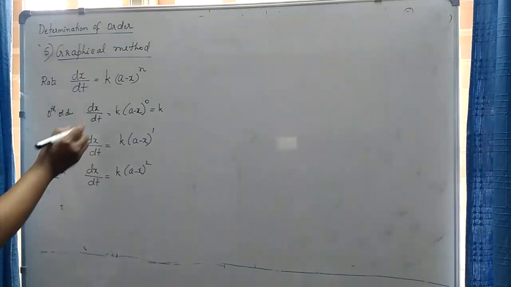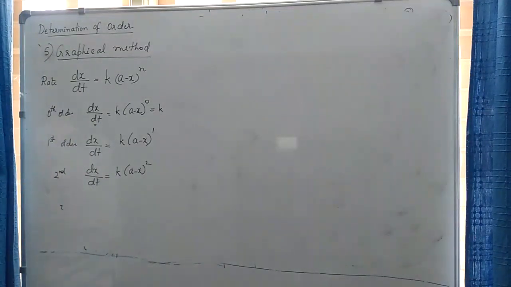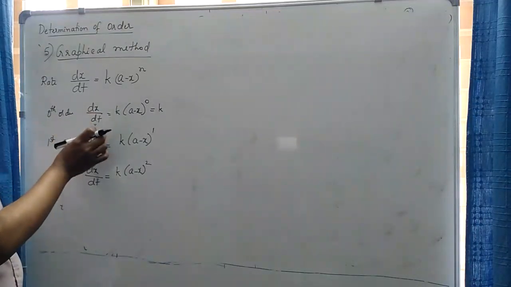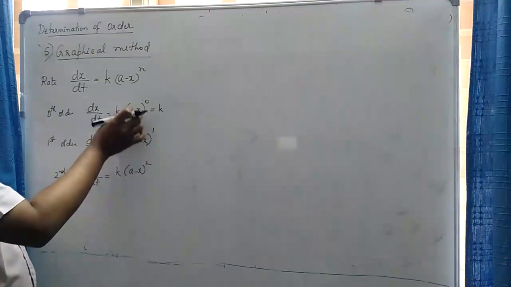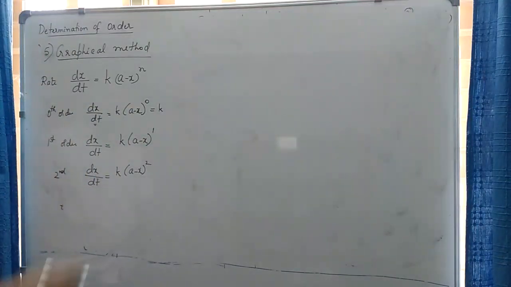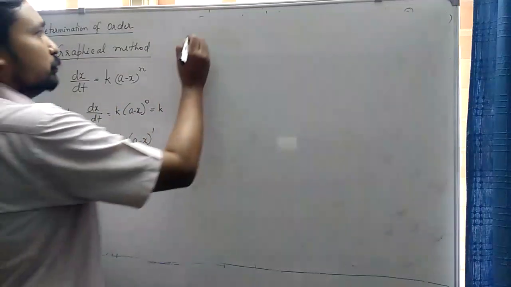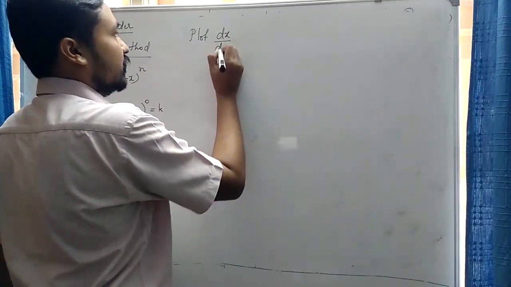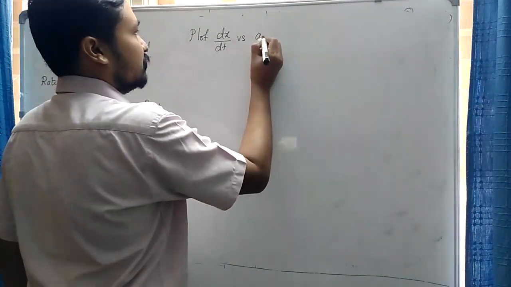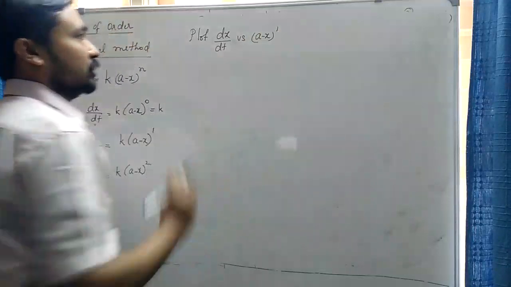So what we are doing is experimentally we measure the rate of the reaction at different intervals of time. So experimentally find out dx by dt at different time intervals, and also find out the values of a minus x at different time intervals, and then try to plot first dx by dt versus (a minus x) to the power 1.